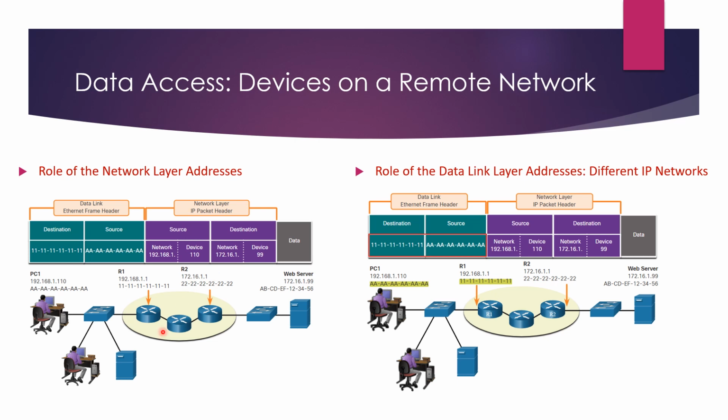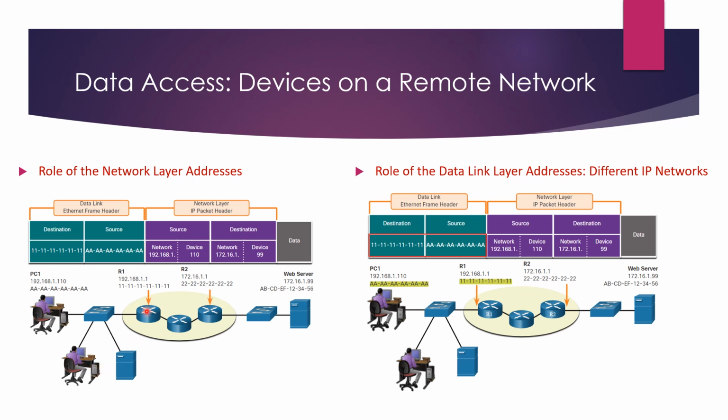In the example that we have, the default gateway for the network that PC1 is connected to is router 1, and it has the Ethernet data link frame address on the same network as PC1. This allows PC1 to reach the router directly.